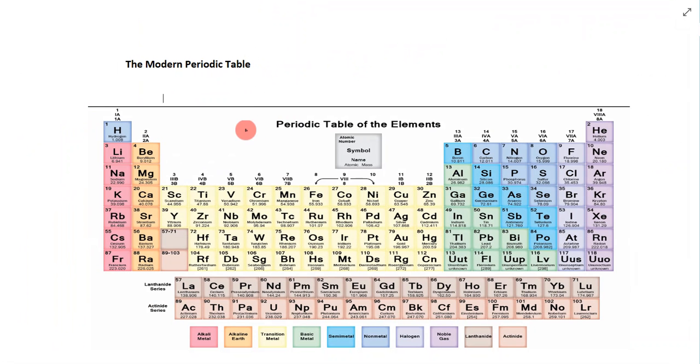Now, what you'll notice as well is that you have these vertical columns. Okay, so you have vertical columns going down like that. So from hydrogen all the way down here, you have this one, and then you have horizontal rows, going from left to right. So the vertical columns, when we are moving down the periodic table, are what are known as groups.